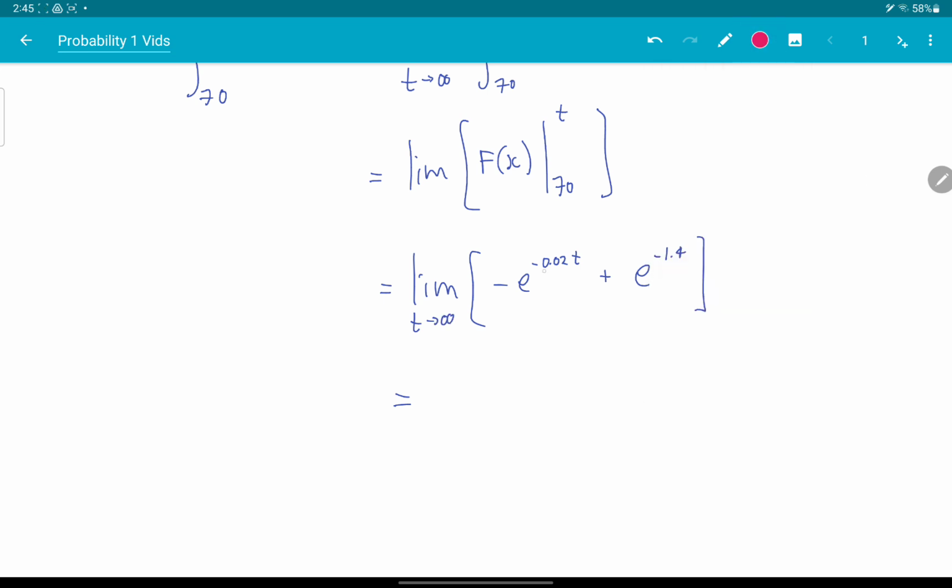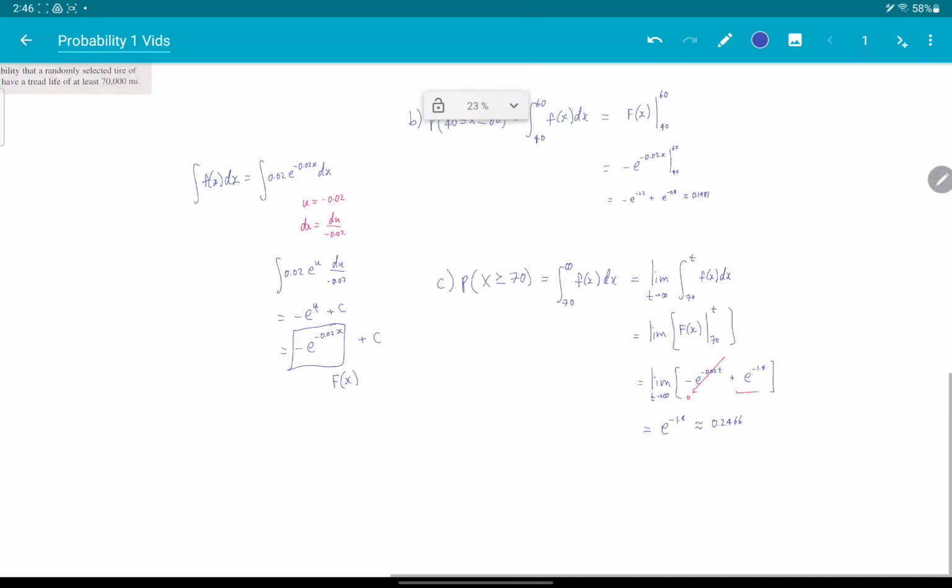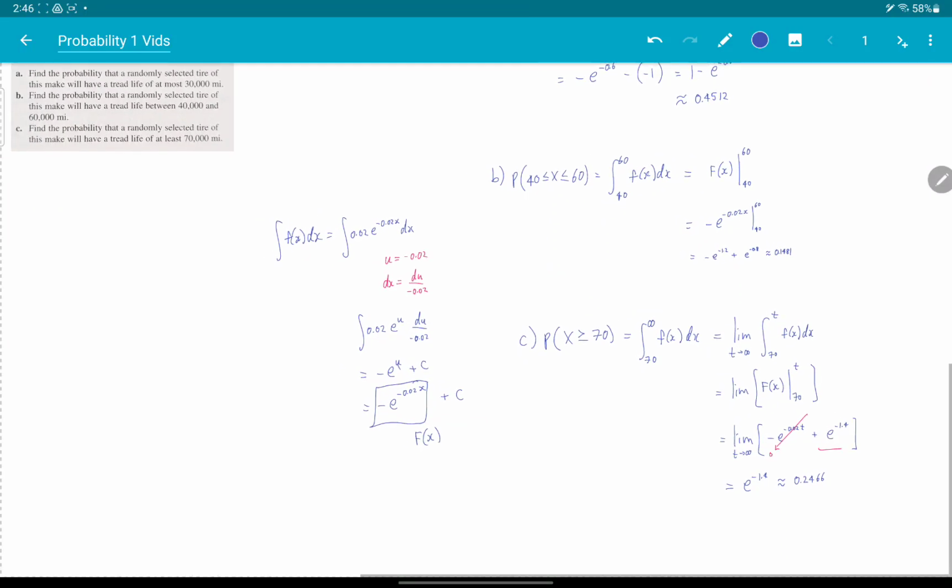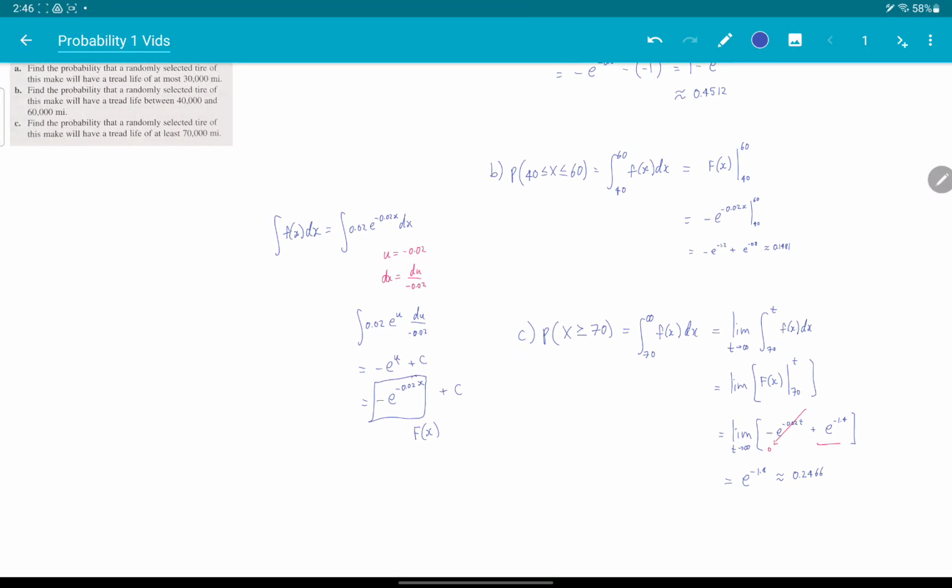So this guy goes to 0. This guy doesn't change. And this is approximately equal to 0.2466. So roughly a 25% chance that a tread chosen at random will last more than 70,000 miles.